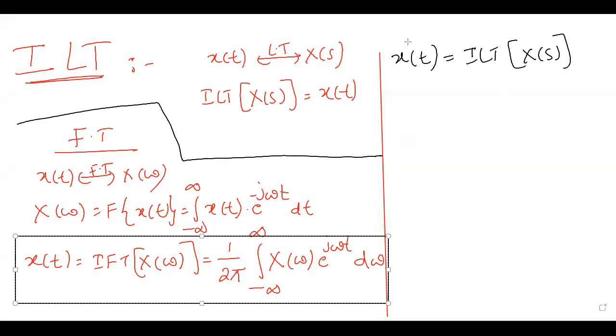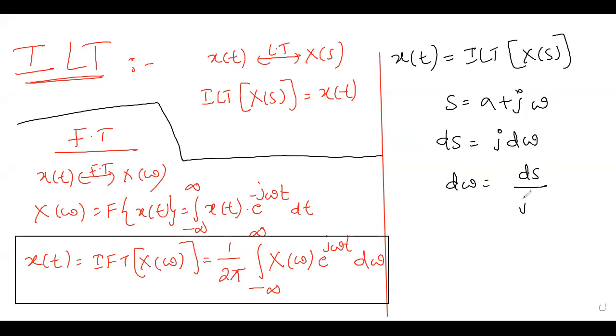What we have is that s is a variable which is represented as sigma plus j omega. What about ds? Sigma is a constant, so ds is j d omega. So what is d omega now? ds by j, isn't it? So here, this is just an analogy between the inverse Fourier transform and the inverse Laplace transform.